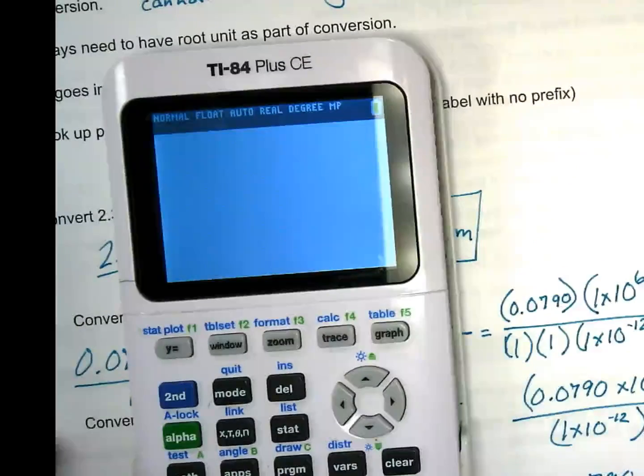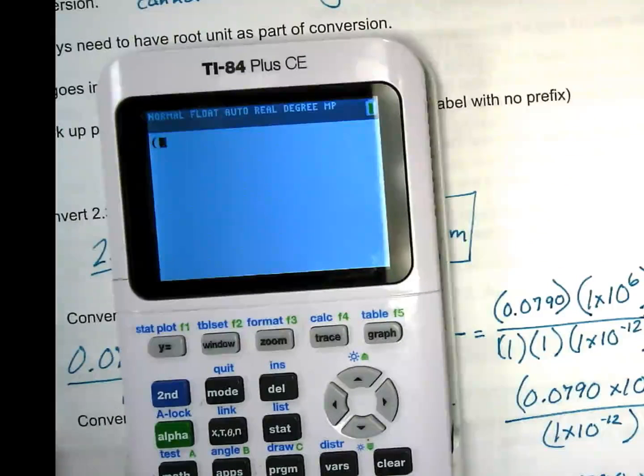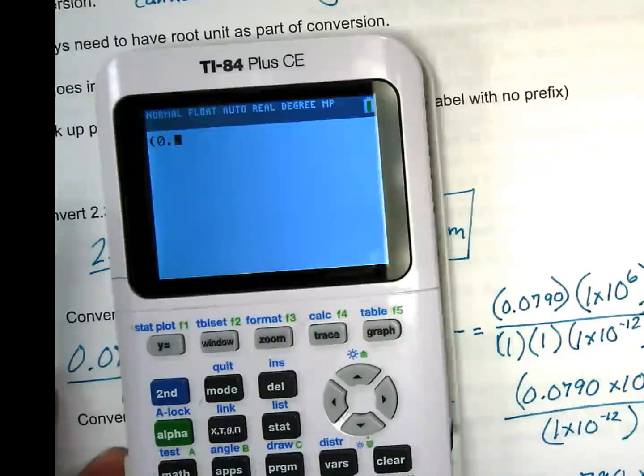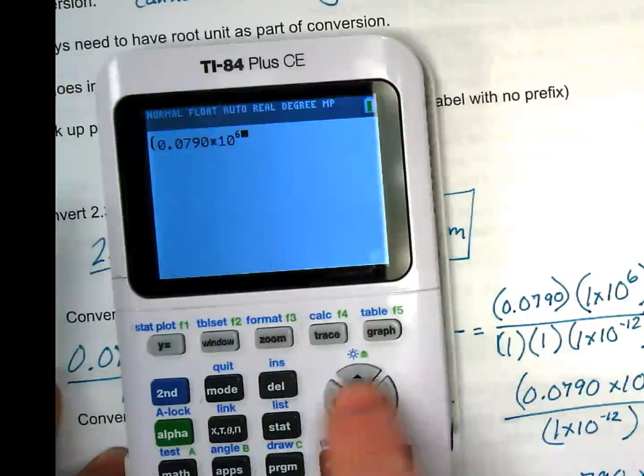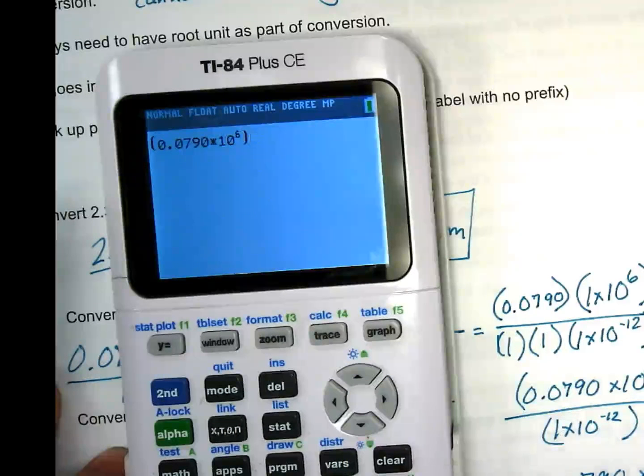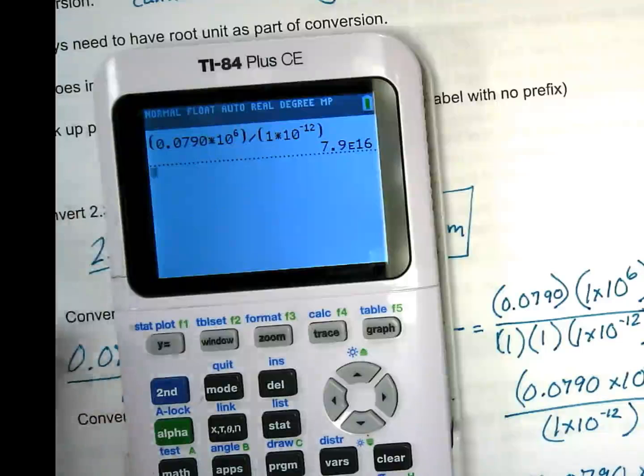Shift, there we go. So I'm going to put in here with parentheses, 0.0790 times 10 to the 6th power divided by 1 times 10 to the negative 12th power. Then we get here 7.9 times 10 to the 16th power.